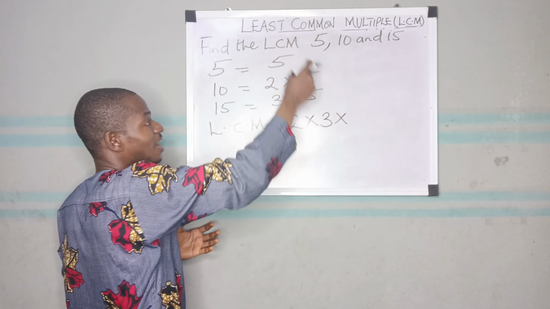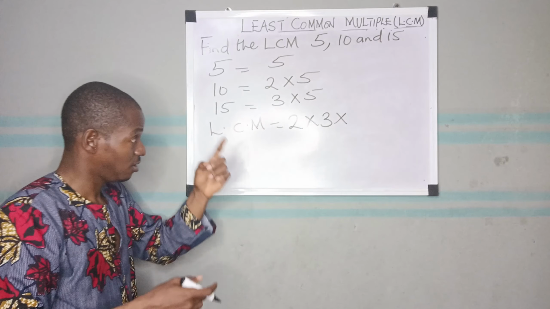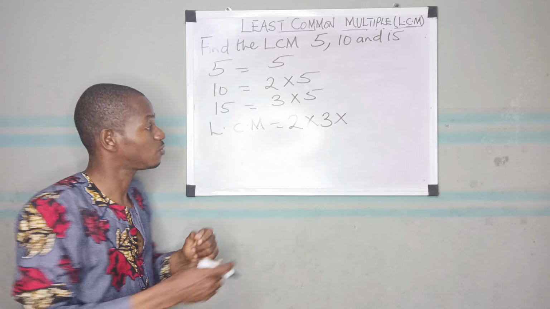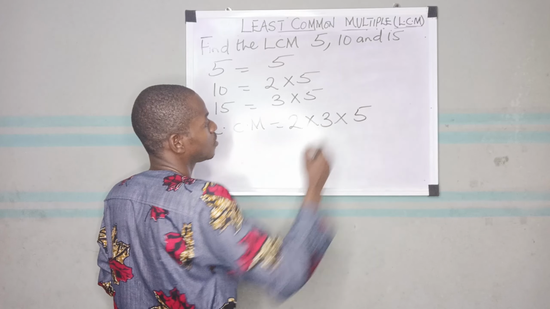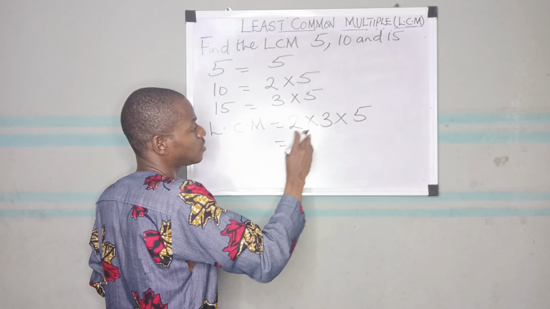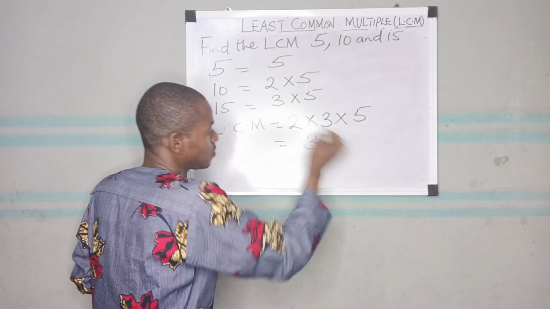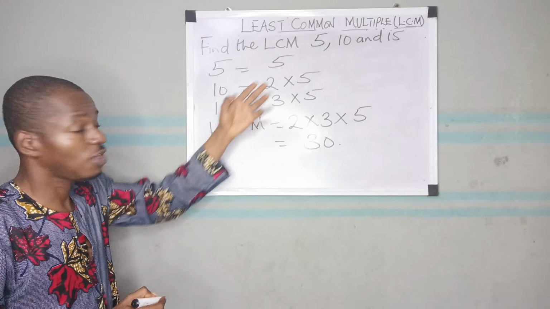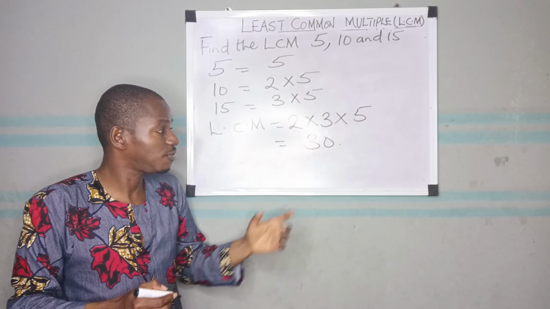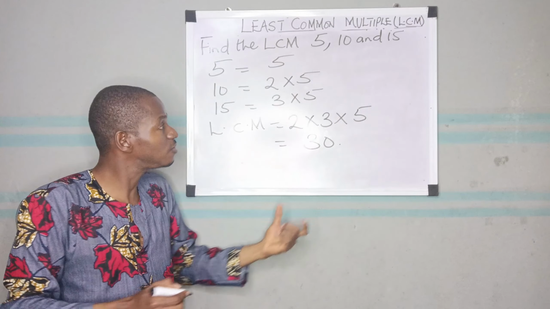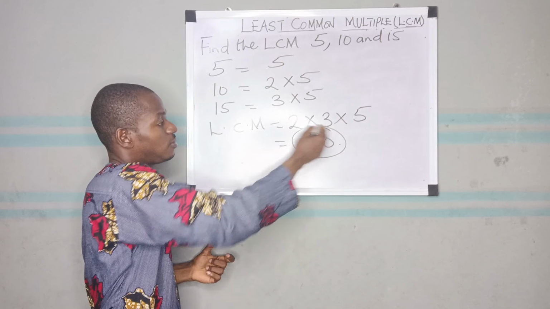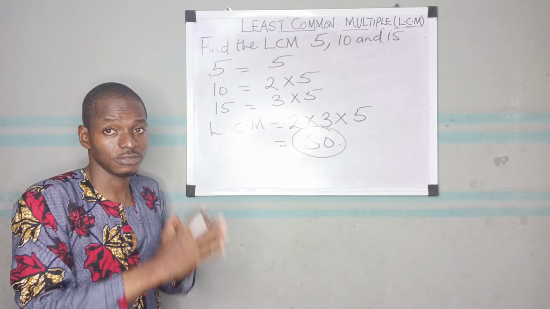And the 5s that are there are all raised to the power of 1, so I just pick it out. So the LCM becomes 2 times 3, that's 6. 6 times 5, that's 30. So the LCM of 5, 10, and 15 is 30. That's the smallest number that the 3 numbers can divide.